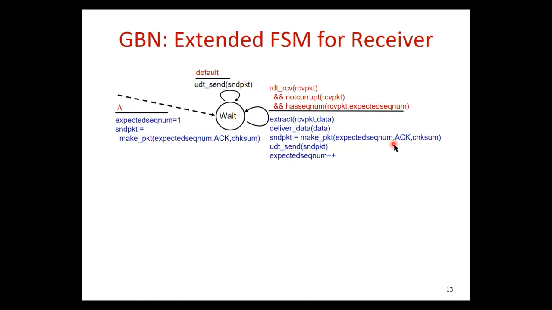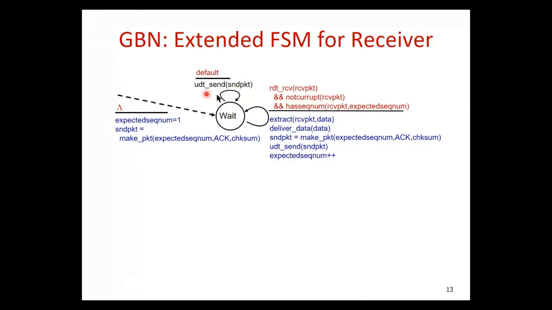The ACK has a checksum to protect it, because the sender needs to detect if the ACK is corrupted. Then it sends the packet and increments the expected sequence number. So it has received packet number 2, and now the next expected sequence number is going to be 3. Any packet it receives that is not 3 will be discarded. And that is what we have here.